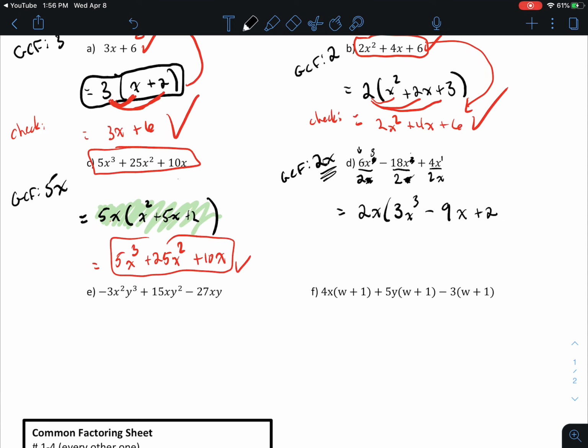And then 4 divided by 2 is 2, and the x cancels with the x there. So there's your answer. And if I were to check this by distributing, I get the original back without all the scratched out stuff.